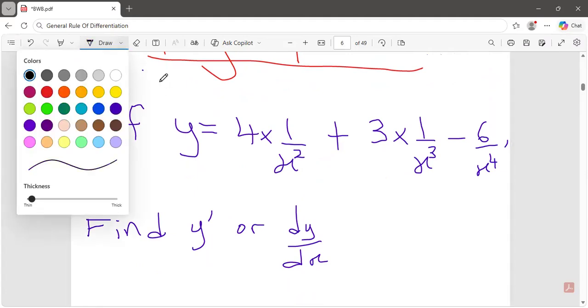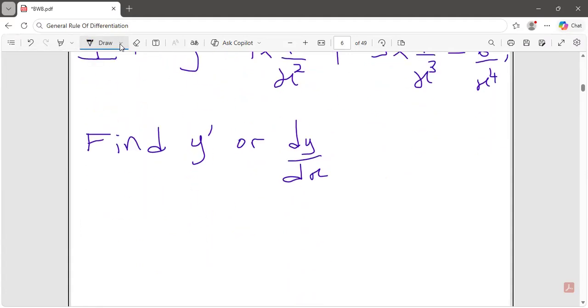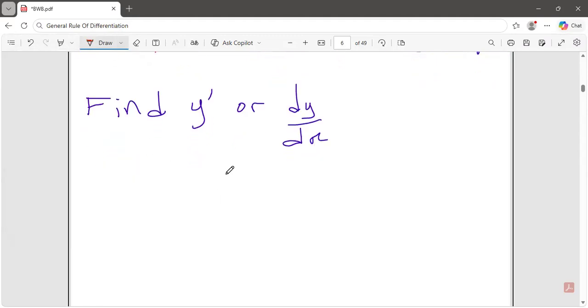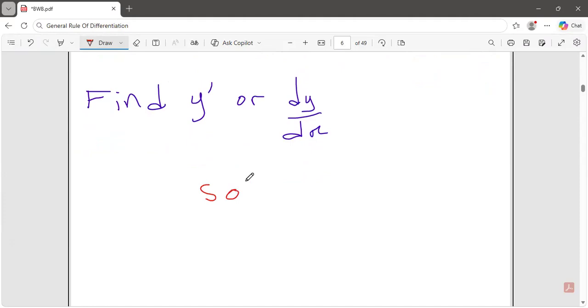So the first thing we are supposed to do is to repeat the question. Don't get scared at all. First of all, we write our solution, and then we repeat the question.